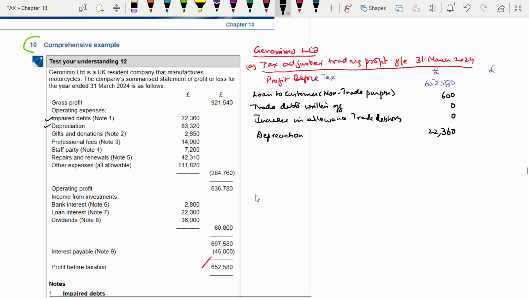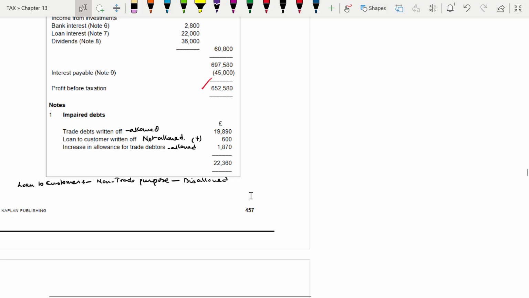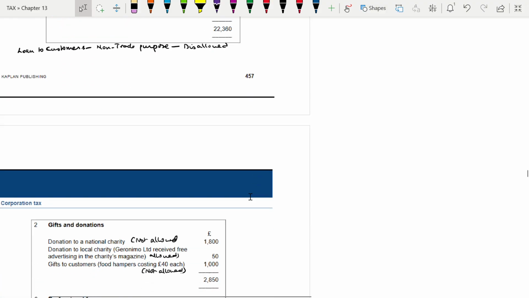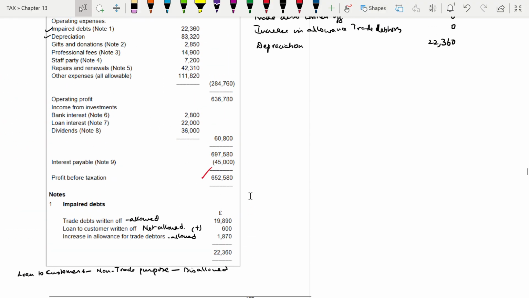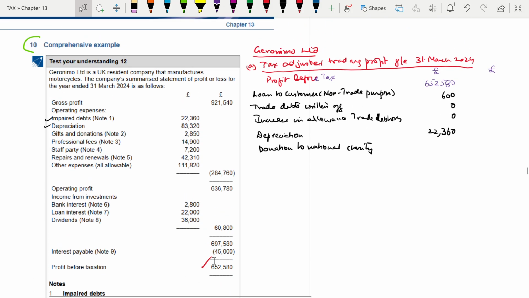Okay, what you have to write is that donation, each and everything you have to write. Donation to national charity. Are you writing? Yeah. Send me the picture of that 1,800.